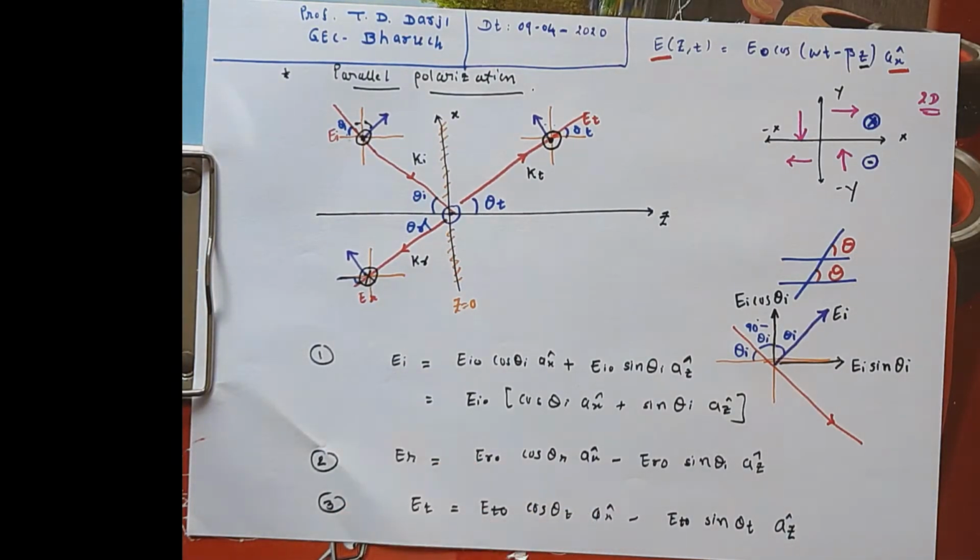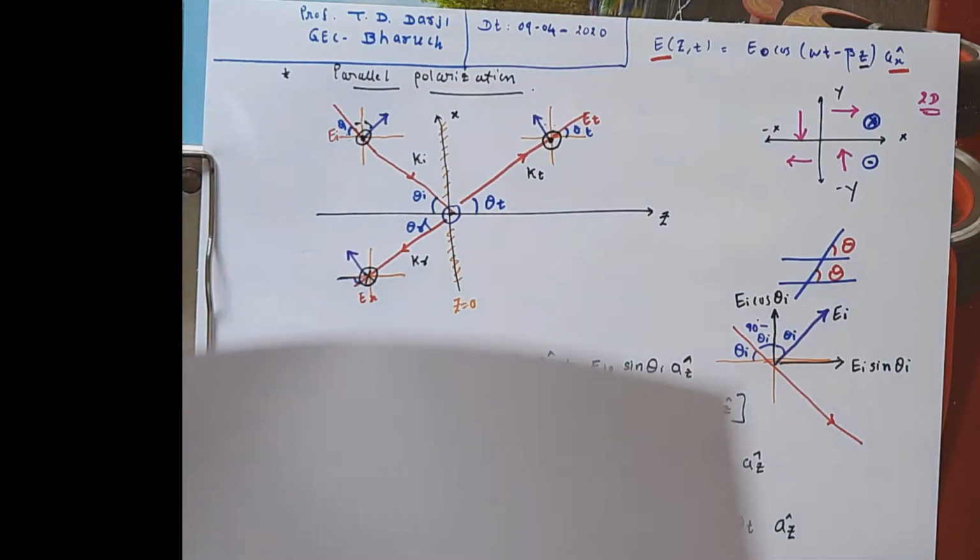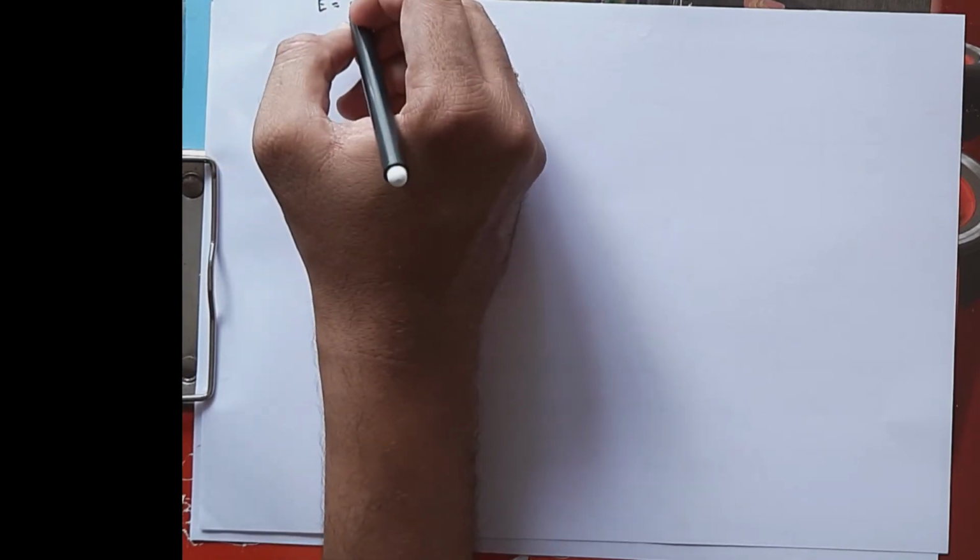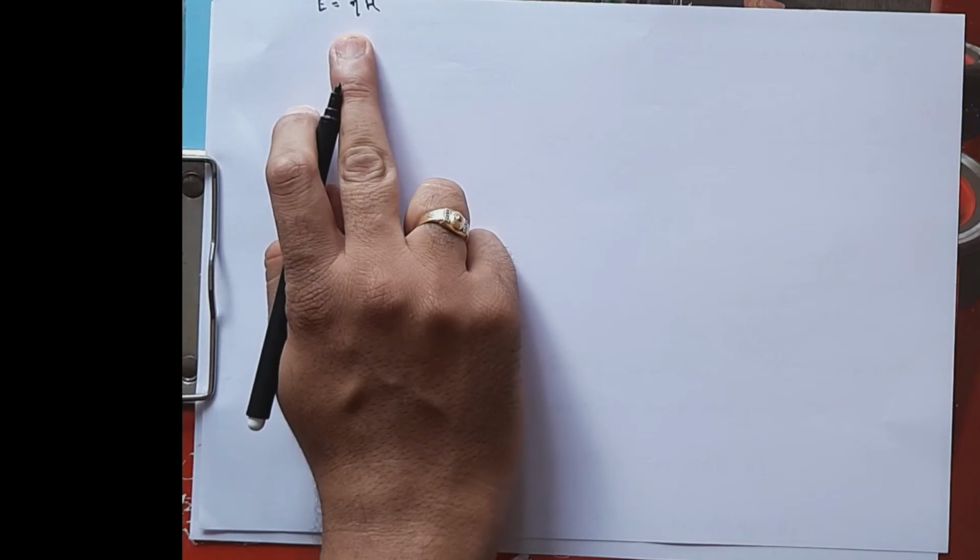transmitted magnetic field. What is the relationship between electric field and magnetic field? We know the relationship is E equals eta into H, where eta is the intrinsic impedance.